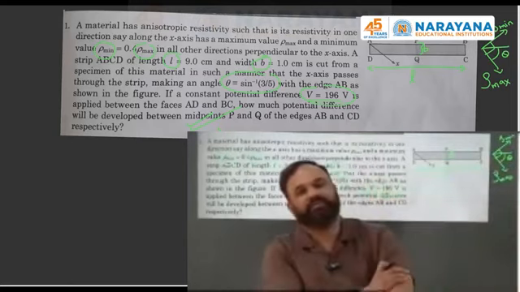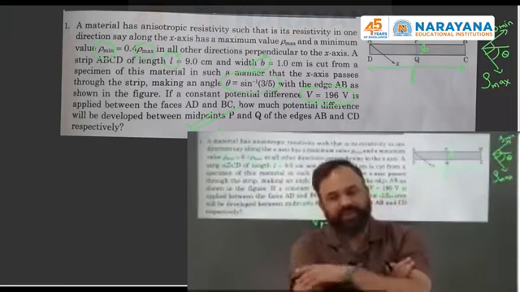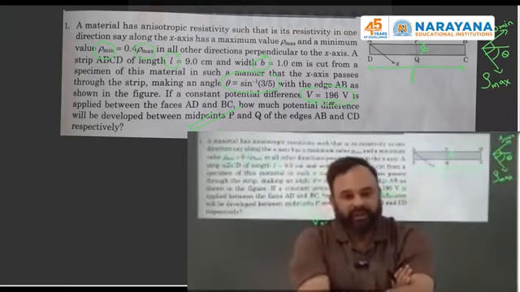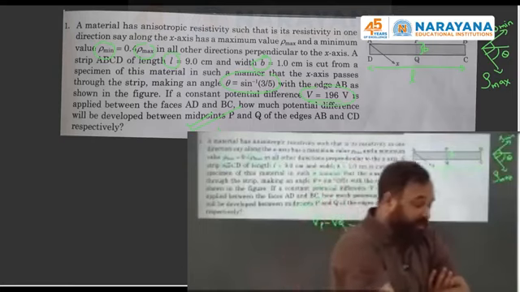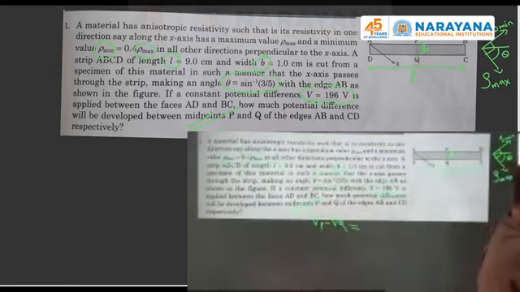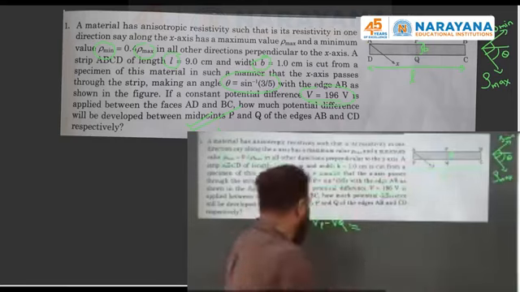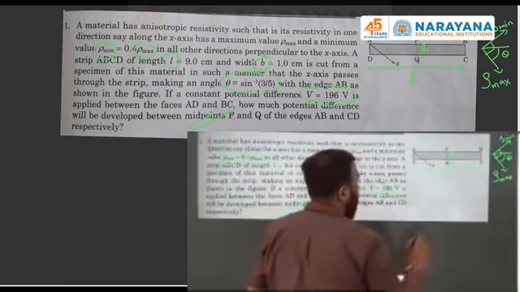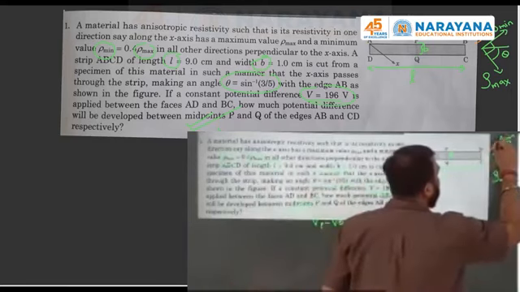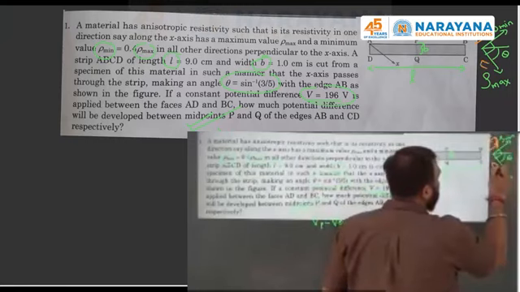The point is we know the concept of current density, and here because rho or sigma are different in different directions, use the vector concept. I mean, use current density instead of current. It will help you out. Then write the flux. So simply what I would have done on paper is, I would have said that E in this direction is, let's say, EY, and E in this direction is, let's say, EX.